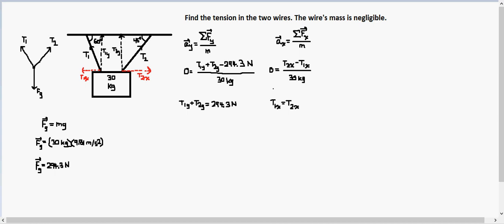Well, what if we could write T1y and T2y and T1x and T2x in terms of the original vectors, T1 and T2? So what is T1y? That's just opposite over hypotenuse, so that's T1 times the sine of 60.